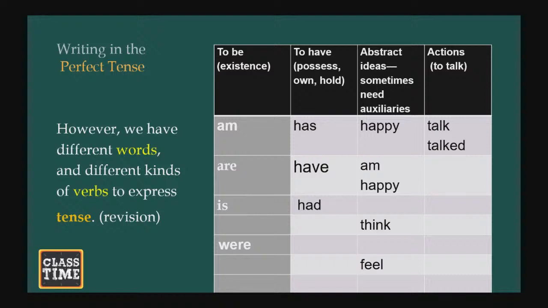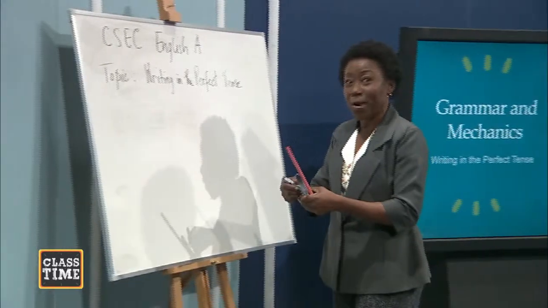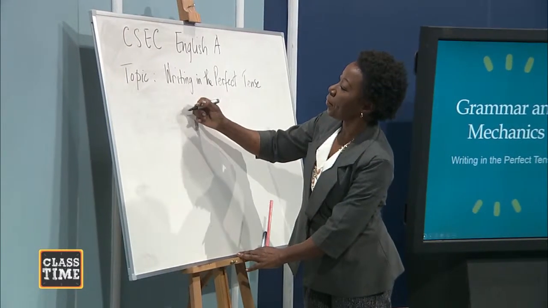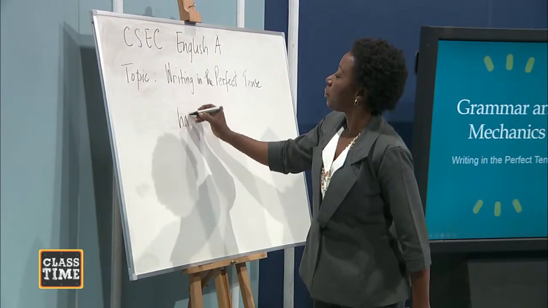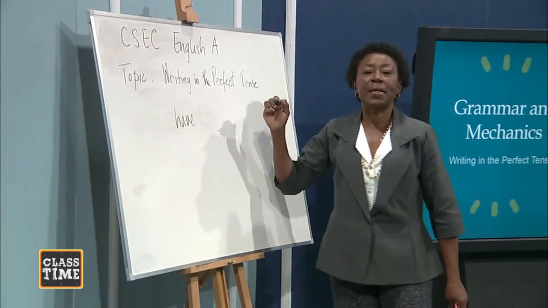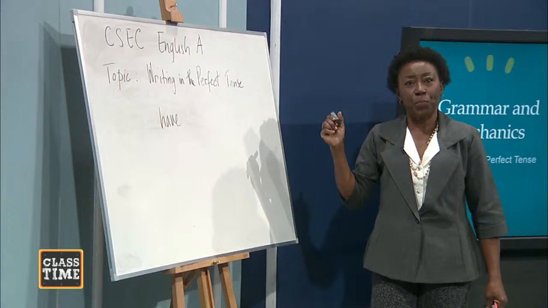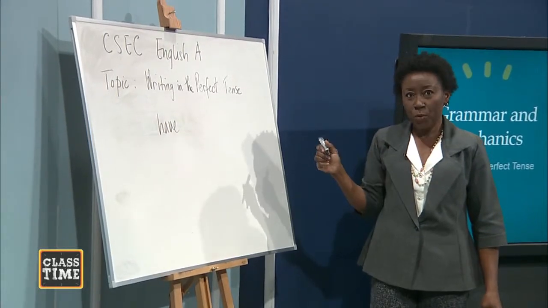Now let me hold on to this board because I do not want it to leave the classroom. So I'm going to erase this, and the other verb is have. So let me do a little thing with have right now. Have is singular or plural? It is plural.